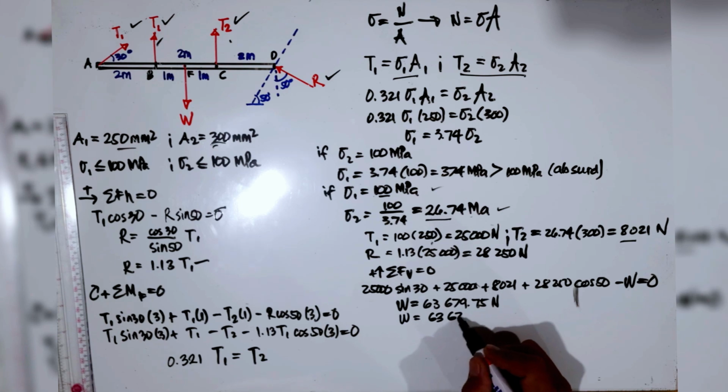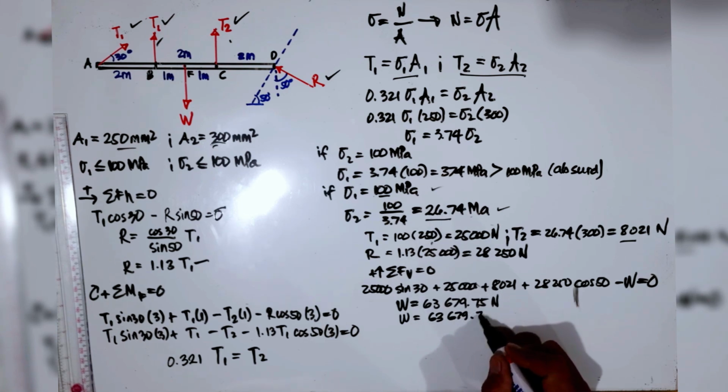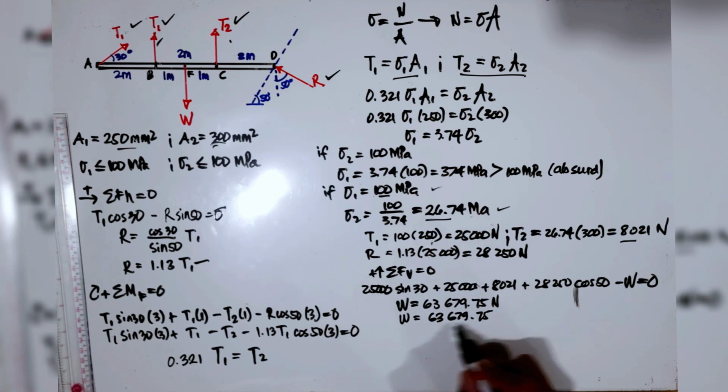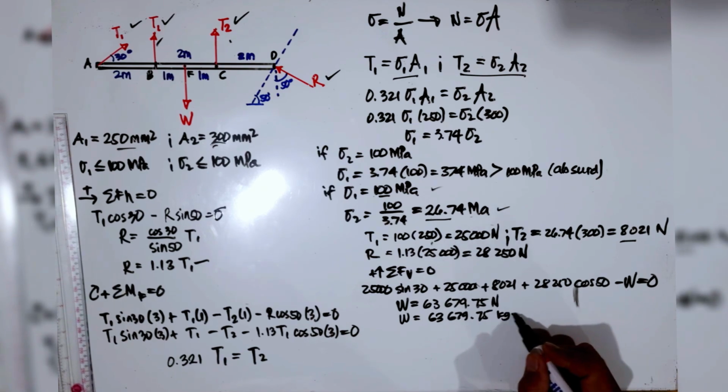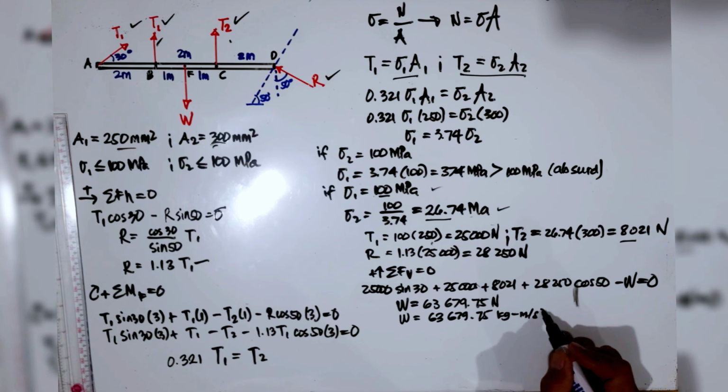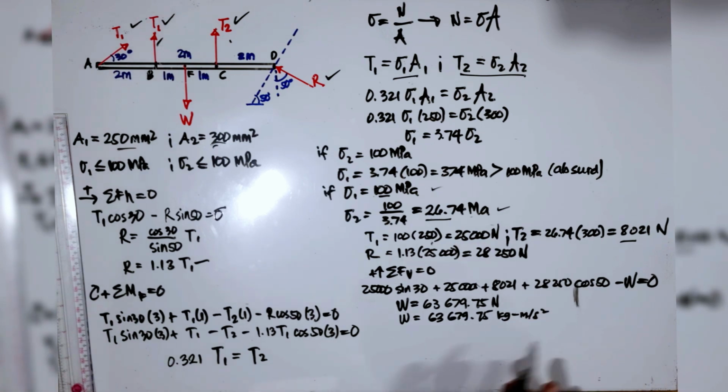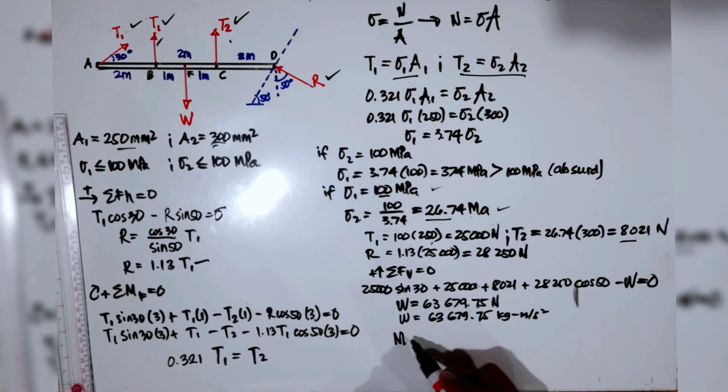The problem is asking for the mass, and 1 newton is equal to 1 kilogram meter per second square. So this unit is also the same as kilogram meter per second square. So our mass is just the weight divided by the acceleration of gravity, which is in meters per second squared. So we can cancel meters per second squared.